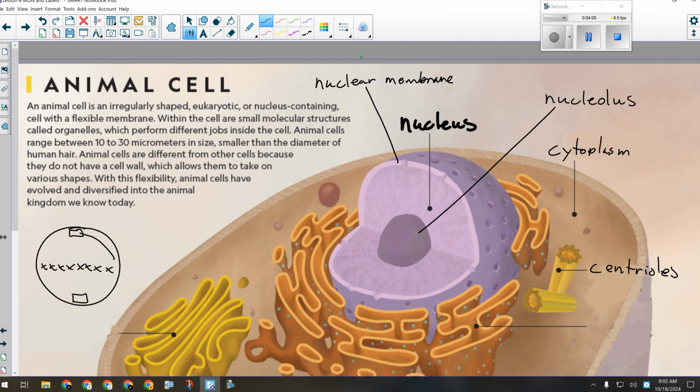And then what they do is they send out little fibers. And these fibers will latch on to the copy of that chromosome that is supposed to go to each side. Okay, I'm not going to draw them all, but you get the idea. So they latch onto these things like a cable, and then right before the cell splits in half, the centrioles kind of reel them in, right?